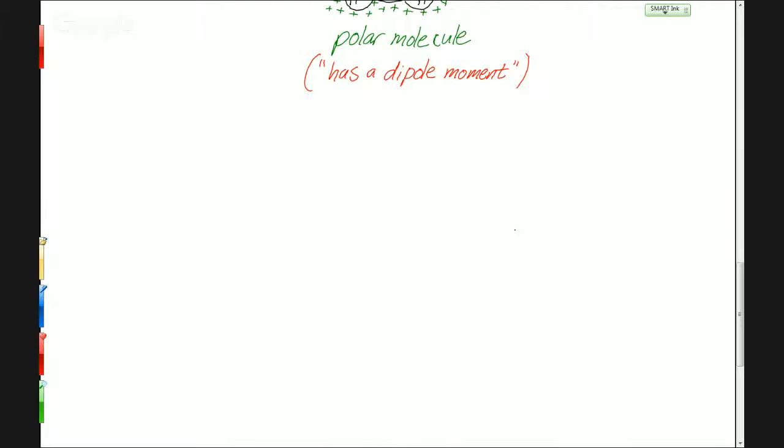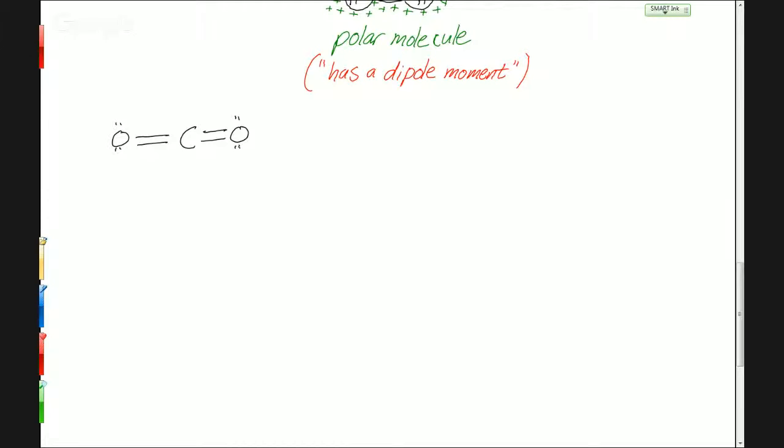So let's take another one, carbon dioxide. Here's the structure of carbon dioxide. Carbon dioxide has two double bonds between carbon and oxygen. And the double bond doesn't affect the polarity. I mean, it does in that it's a slightly different length, but we don't need to think about that.